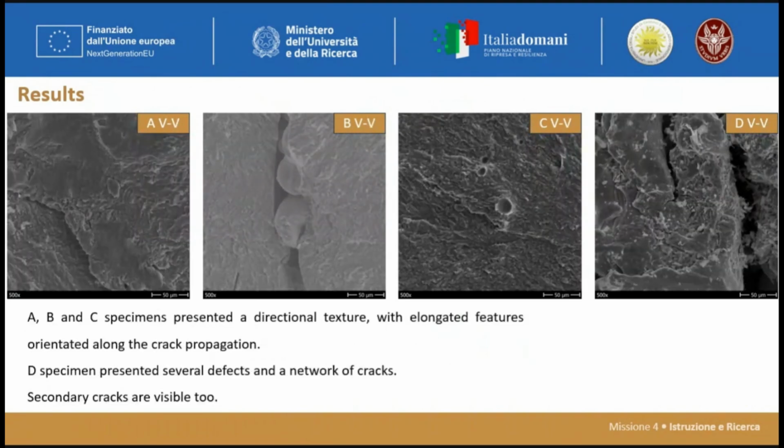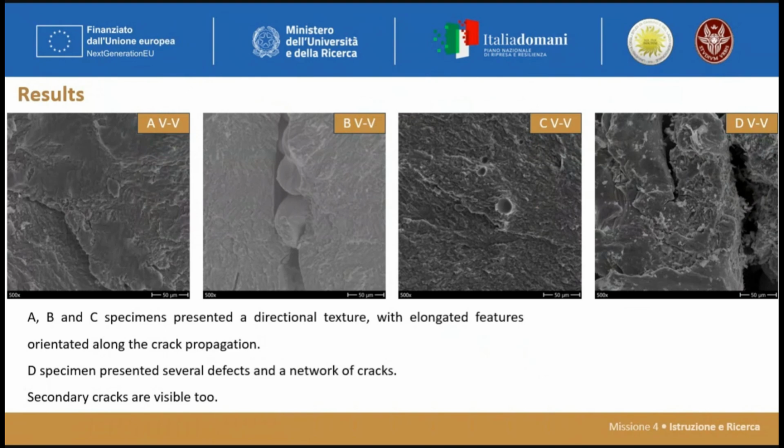As concerns the vertical crack, in this case, the crack moves along the boundary between two grains. But we can notice also another thing. There are several secondary cracks here, and here.